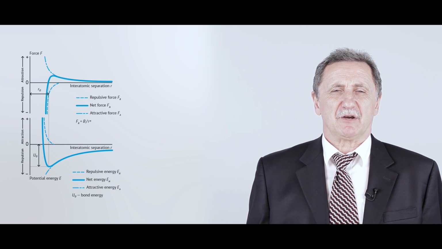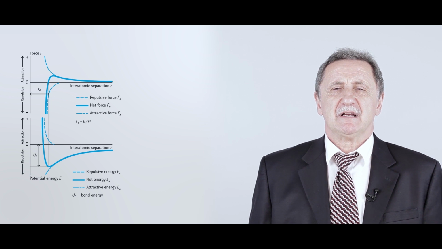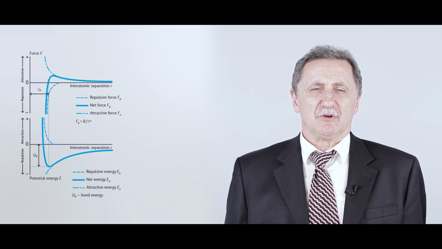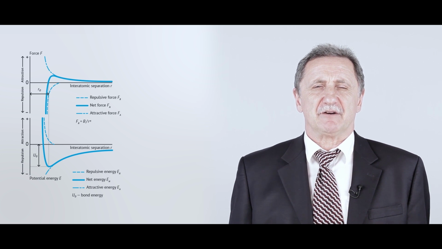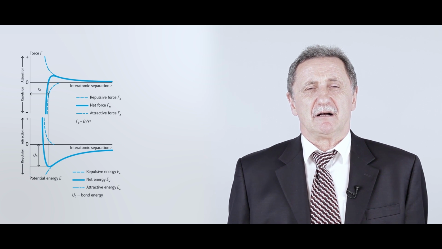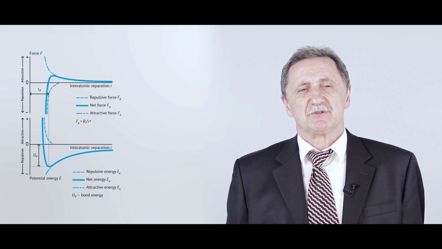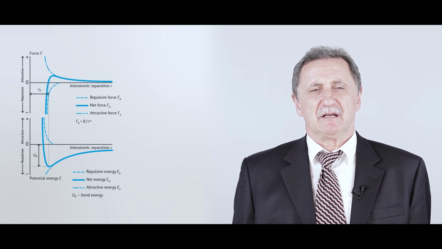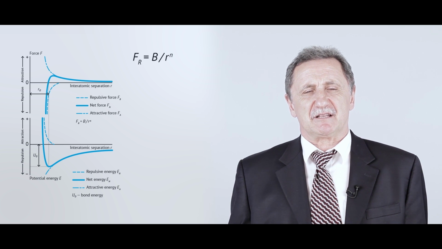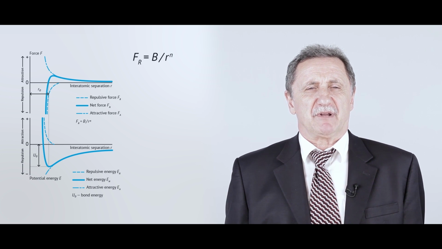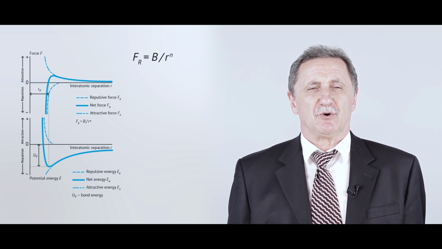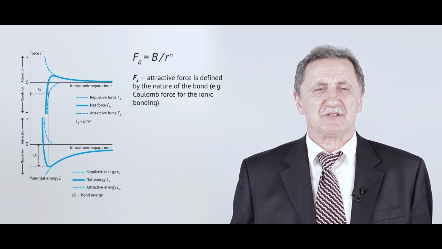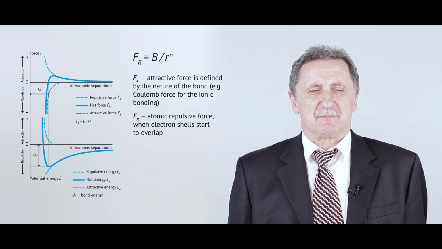However, because we have the Coulomb force, the attracting force is inversely proportional to the square of the distance between 2 atoms. When we start to decrease the distance, this attracting force starts to play its role, and if there is no other force, at some point these 2 ions should collapse.